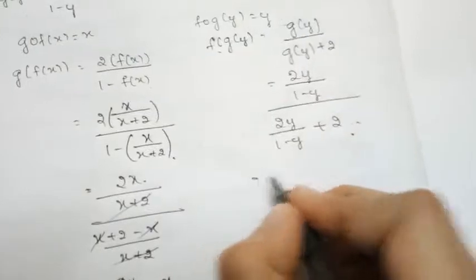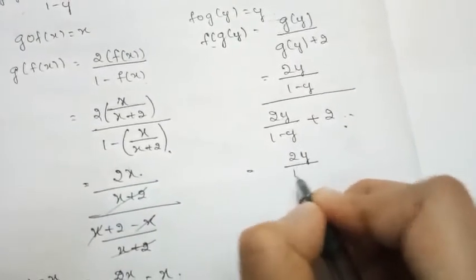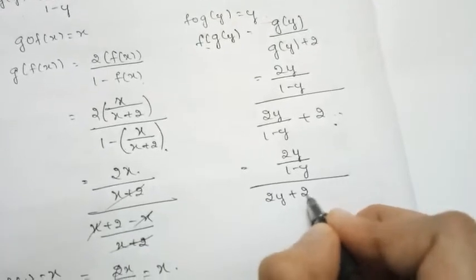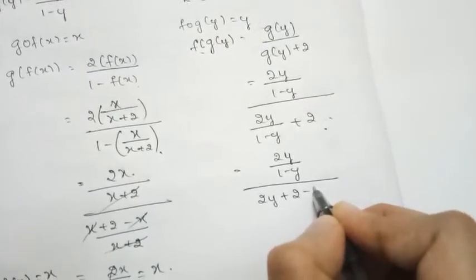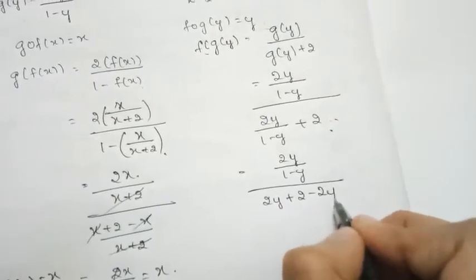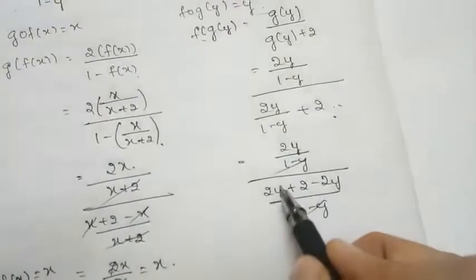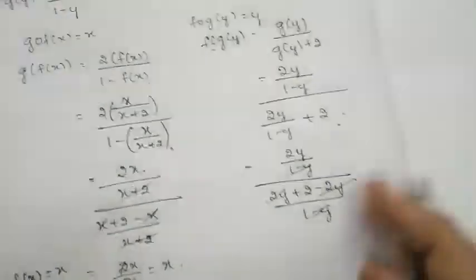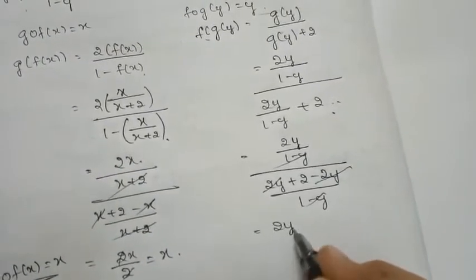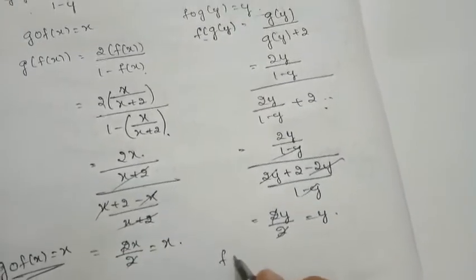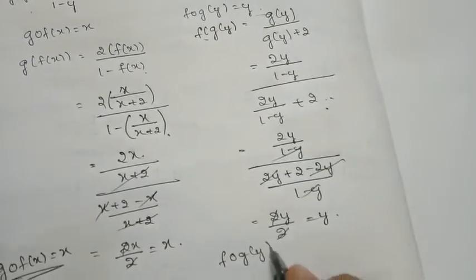In the numerator again LCM is not required, but in the denominator LCM is required. So 2y divided by 1 minus y, 1 minus y gets cancelled. 2y minus 2y gets cancelled. So the remaining is 2y divided by 2. 2 gets cancelled. It is y. So what happens? f of g of y is equal to y.